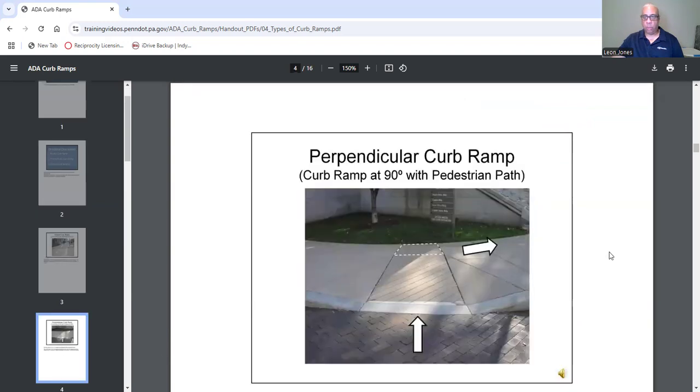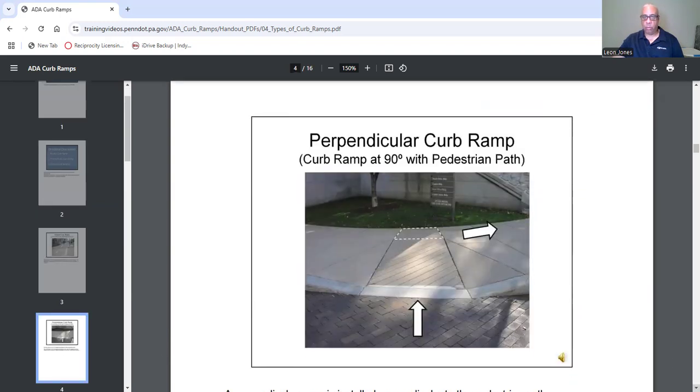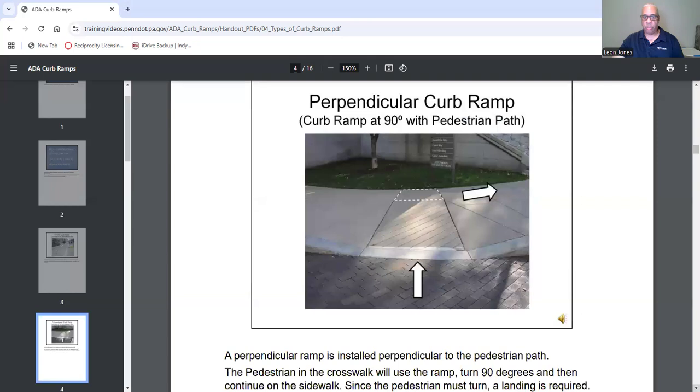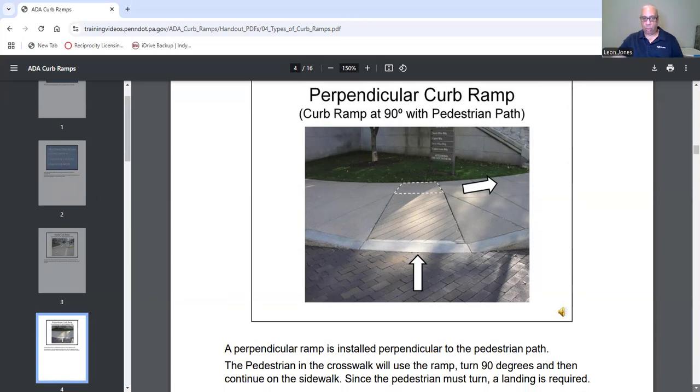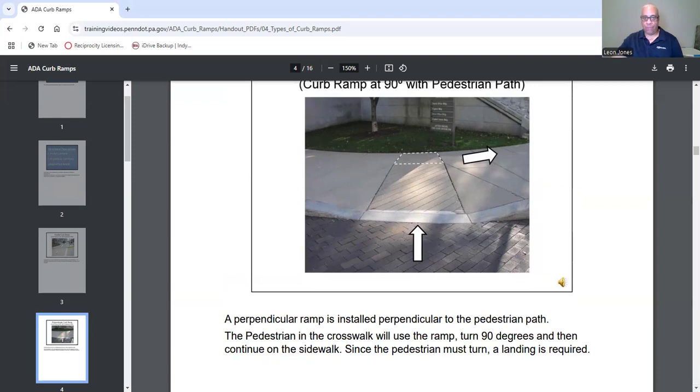As I move on, when we deal with perpendicular curb ramps, well, you have some at 90 degrees with a pedestrian path, and that's what this ramp is. Now, a perpendicular ramp is installed perpendicular to the pedestrian path. Now, the pedestrian on the sidewalk will use the ramp and turn 90 degrees and then continue.